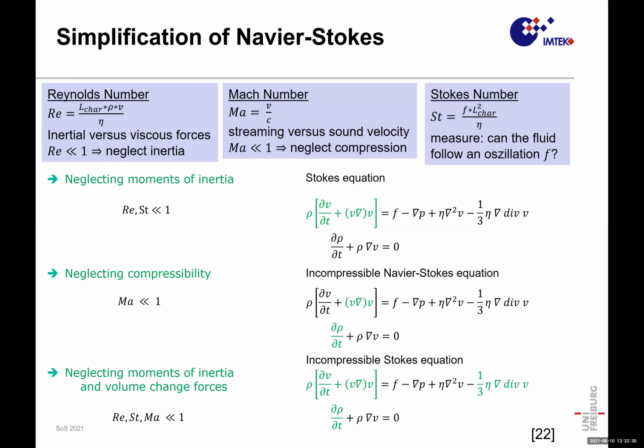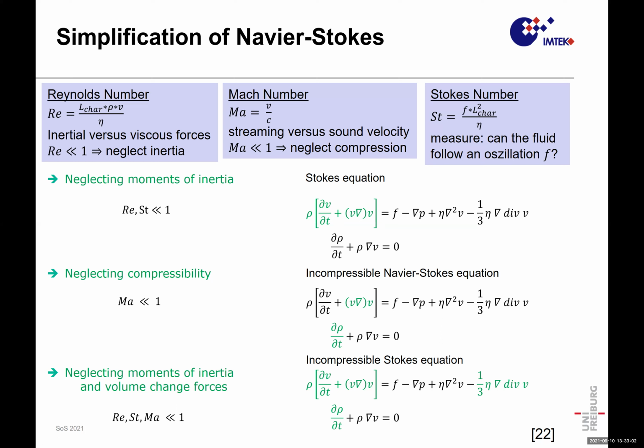And if the frequency is low, or the Stokes number is small, then the fluid can follow this oscillation. Now the Stokes equation, for example: if the Reynolds and Stokes numbers are small, that means we can neglect the moments of inertia. Then we can neglect, of course, these terms. We can further simplify. If we have no compression, that means we have in the continuity equation the term zero change of density over time.